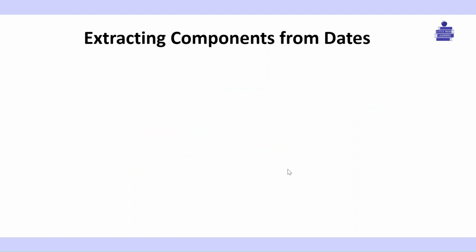Next is extracting components from dates. We can extract specific parts of date and time from a given date or time. Suppose we need to extract the year from a date. For that, we can use this command, year(Sys.Date()). That's how you can extract the year from a date. If you want to extract the month, just write month, the rest is the same.